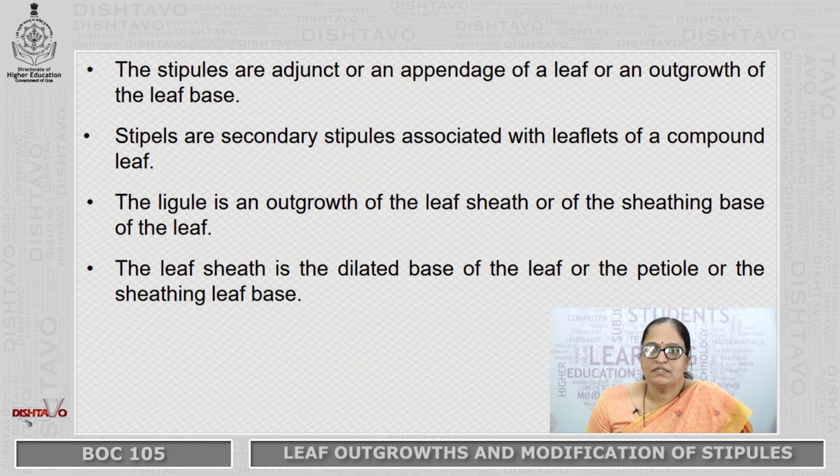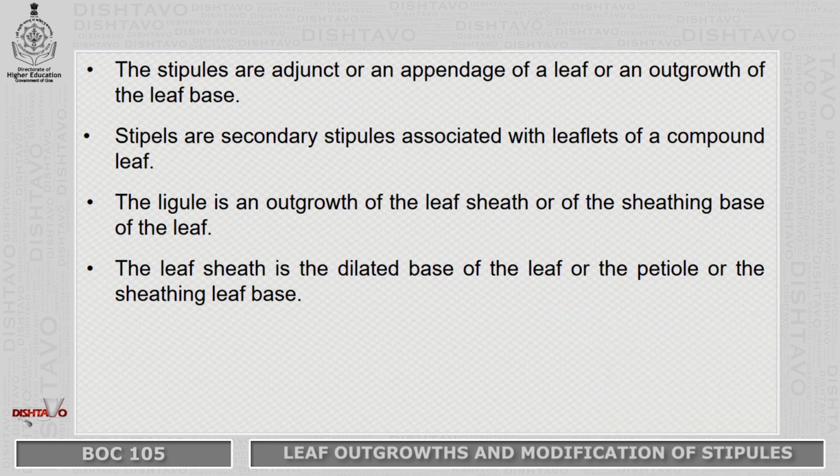The stipels are secondary stipules associated with the leaflets, and they are found in the compound leaves. The ligule is an outgrowth of the leaf sheath or of the sheathing base of the leaf, and the leaf sheath is the dilated base of the leaf or the petiole or the sheathing leaf base.